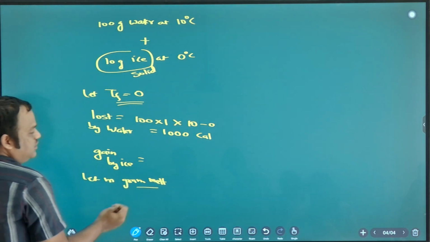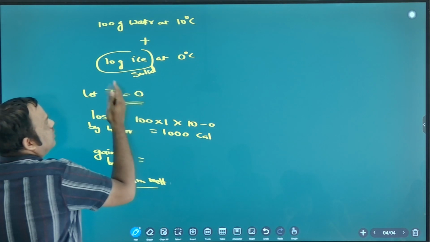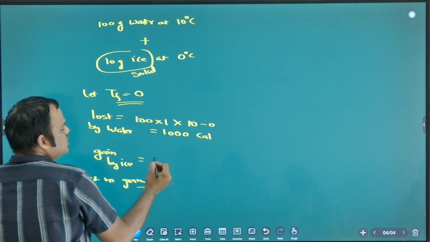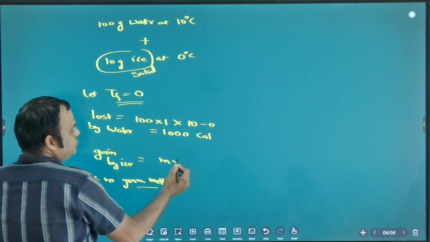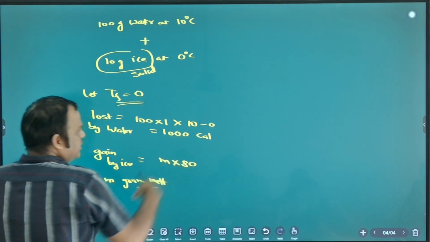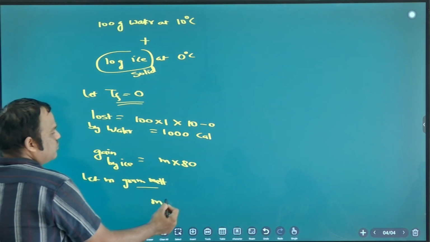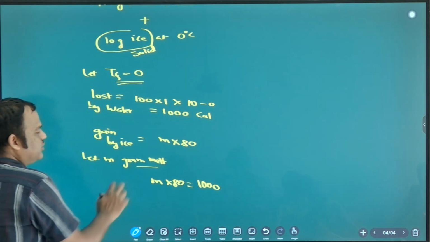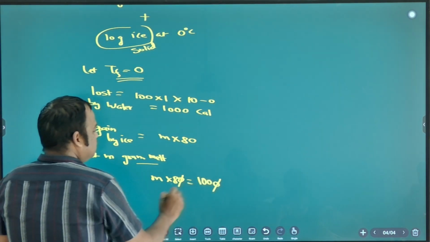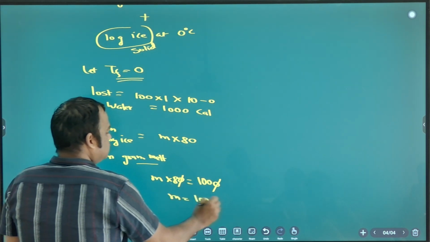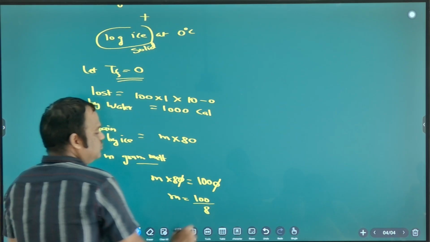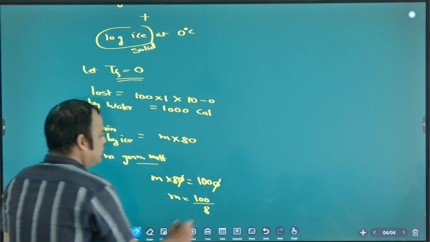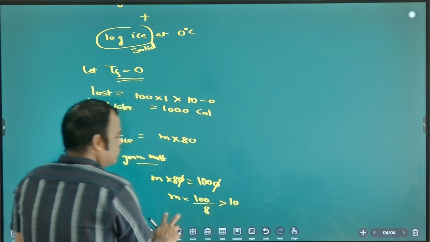It will melt. We don't know how much melts, so we assume m gram. So what is the heat gain? mL. Now equate. So m into 80 is equal to 1000. Heat lost is equal to heat gain. So what is m? 100 by 8. Is it more than 10 or less than 10? More than 10. So not possible.